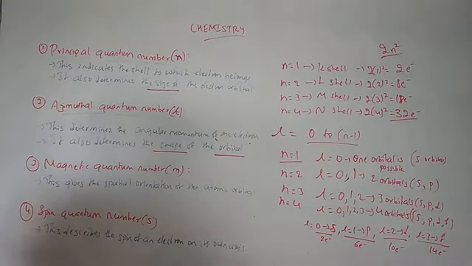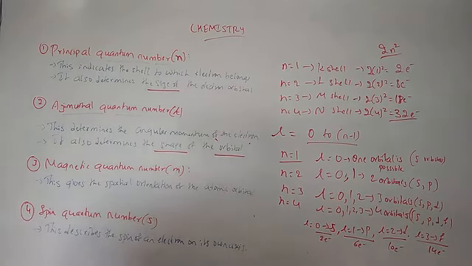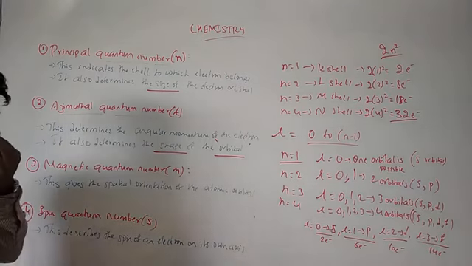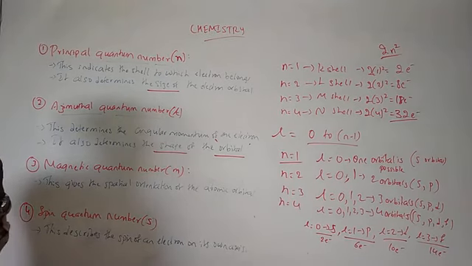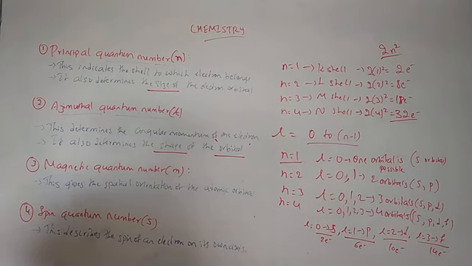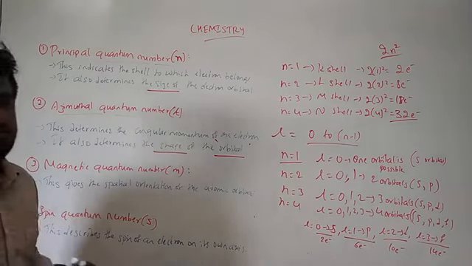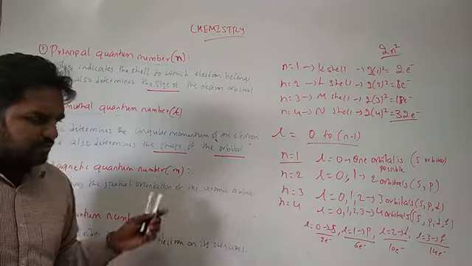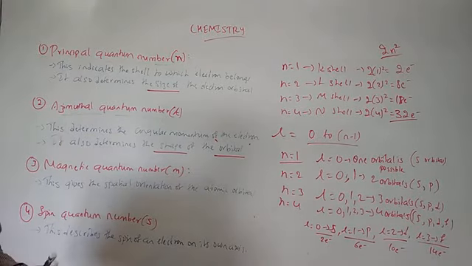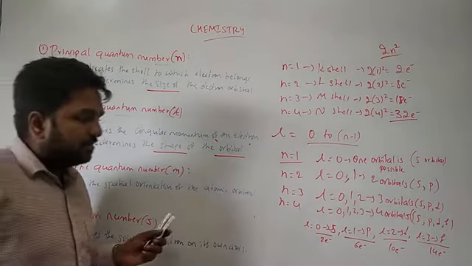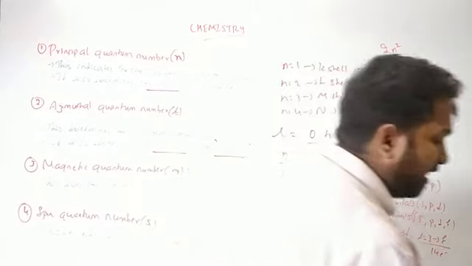Now this is regarding the azimuthal quantum number. This value of L gives the idea of the angular momentum of the electron, and it also determines the shape of the orbital. The third one is the magnetic quantum number. The magnetic quantum number gives the spatial orientation of the atomic orbital. For a particular value of L, M can have values ranging from -L to +L, that is 2L plus 1 values in total.